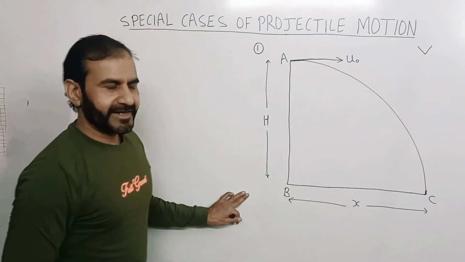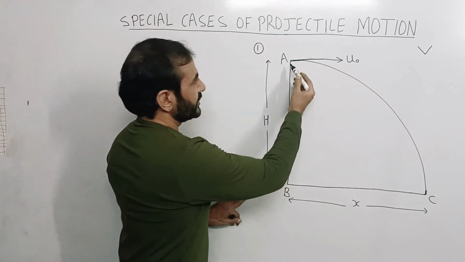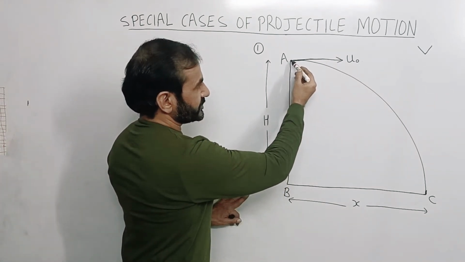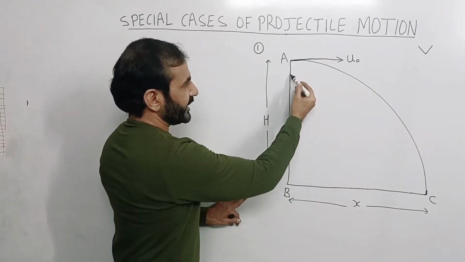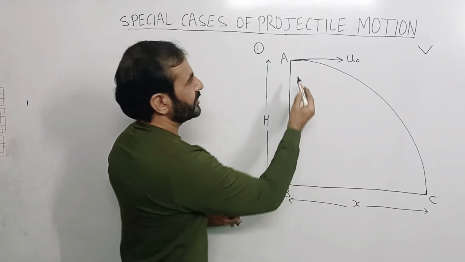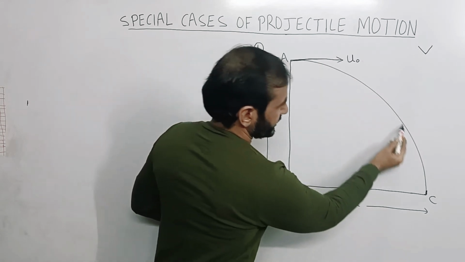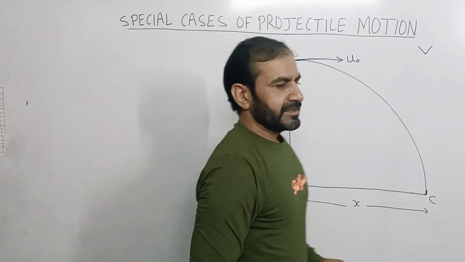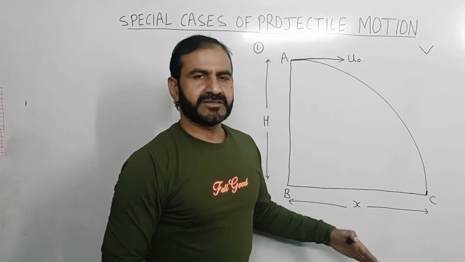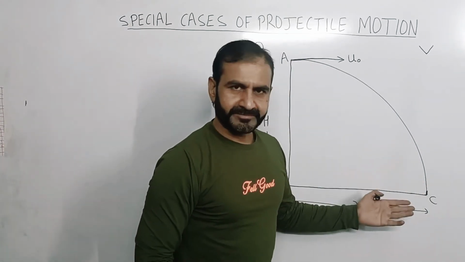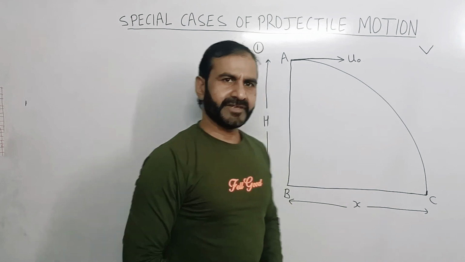The reason is that for vertical motion, acceleration due to gravity is the same, whether the body is dropped from A and reaches B or moves along this path. In both cases, the factor taking the body downwards is acceleration due to gravity, which is the same. That's why the time taken will be the same.